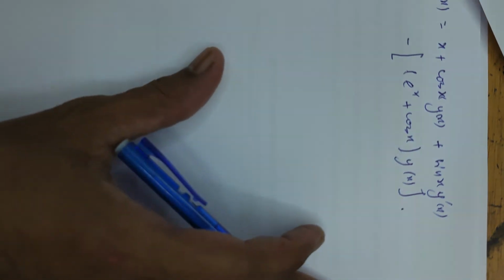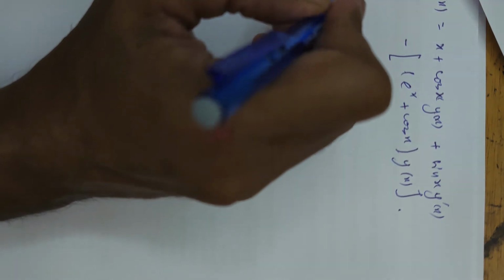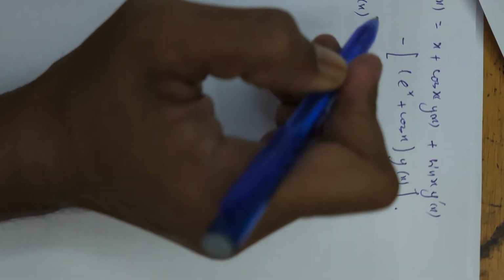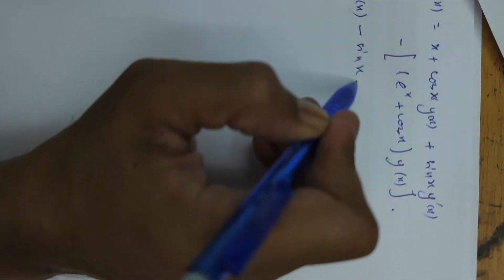Or you can rewrite this: you bring everything that involves y and y prime to the left and the function on the right side. So we have y double prime x minus sin x y prime x.